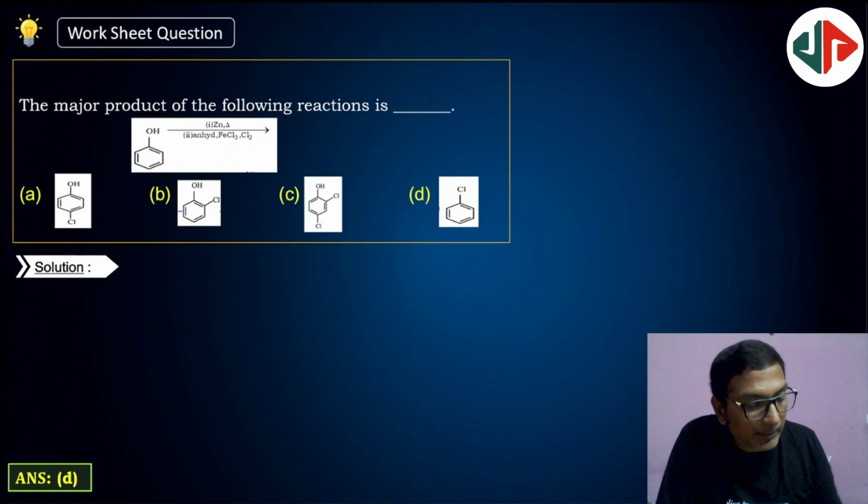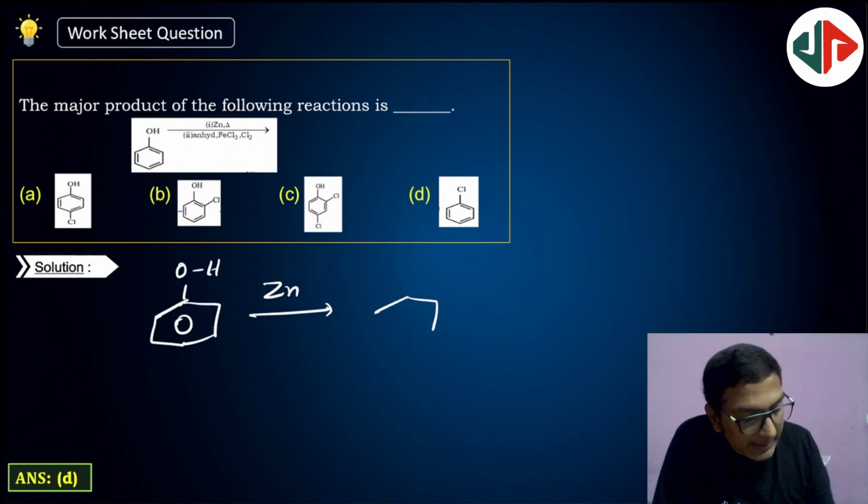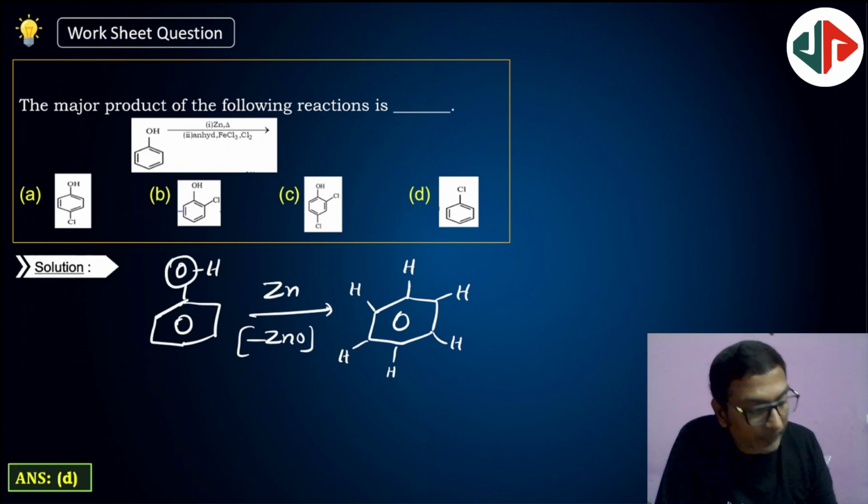So the major compound. So first OH. First reaction with zinc. Zinc dust, zinc is a reducing agent. It gives just benzene with elimination of ZnO. Zn removes O from phenol.